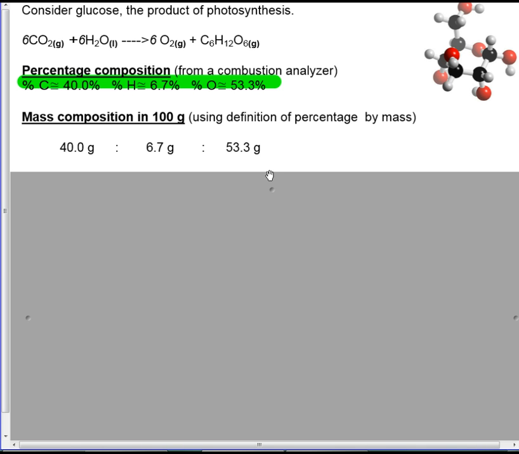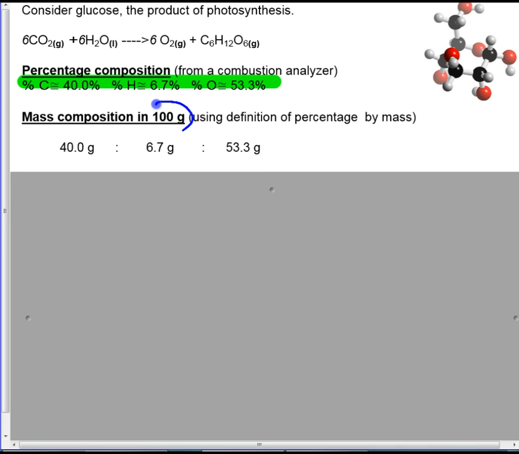Percentage composition is by mass, so if we assume 100 grams, it naturally just goes into a mass. 40% carbon is going to be 40 grams out of 100, 6.7% hydrogen will be 6.7 grams out of that 100, and the remaining 53.3% would be the other 53.3 grams. So now we have a mass to work with.